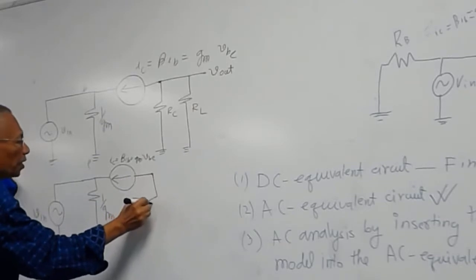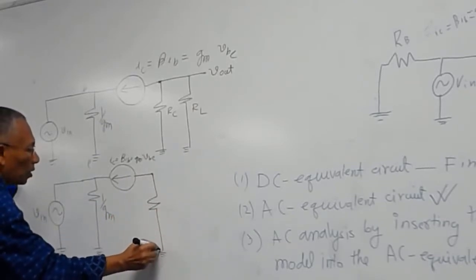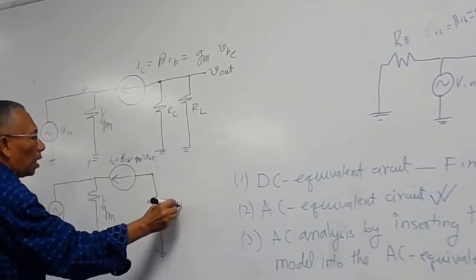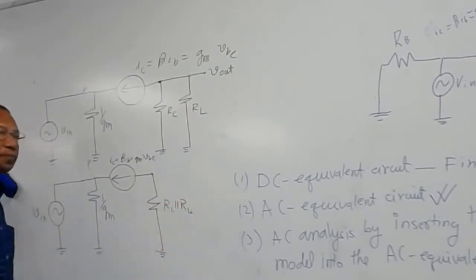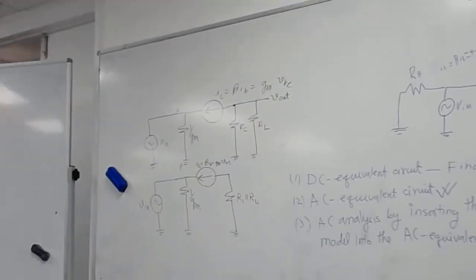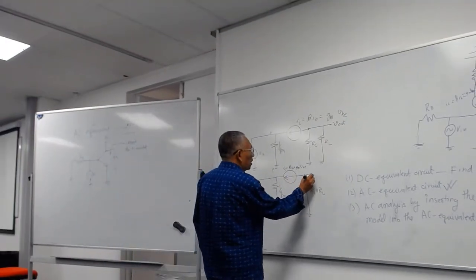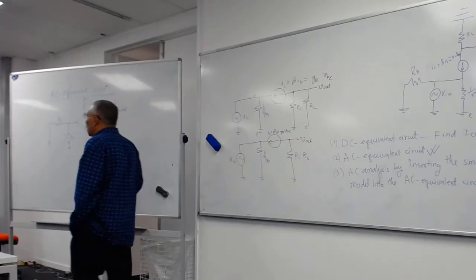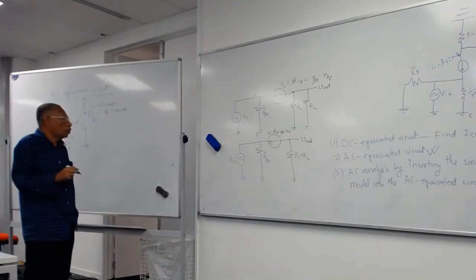And here you have just one resistance going to ground, which is RC in parallel with RL. Now it's even simpler, you see.